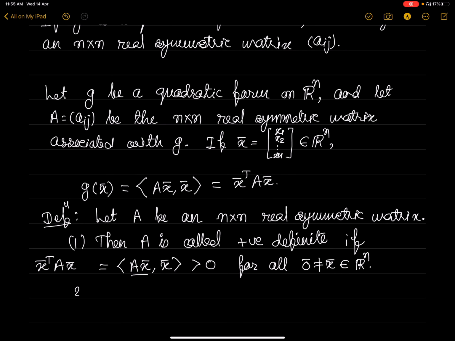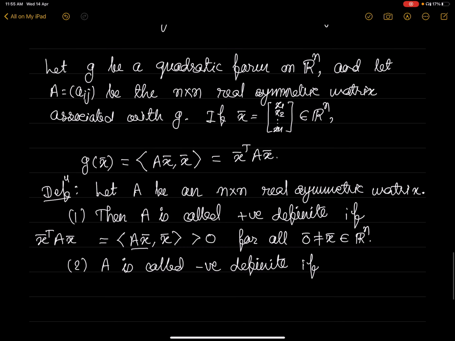The second one, A is called negative definite if, in the same way, x bar transpose A x bar, equal to the inner product of A x bar with x bar, is less than 0.